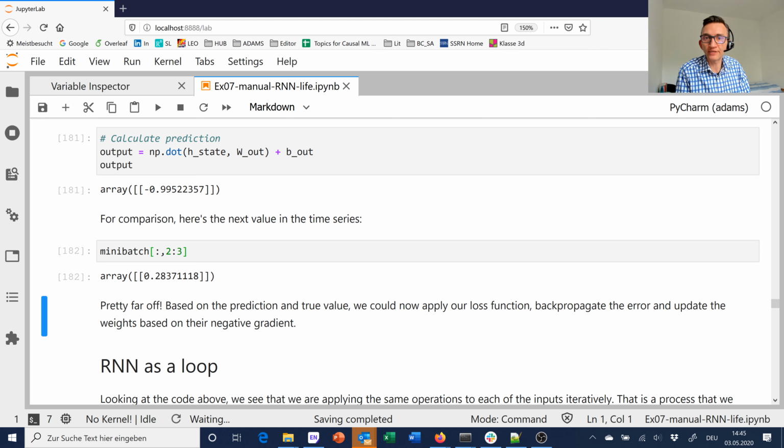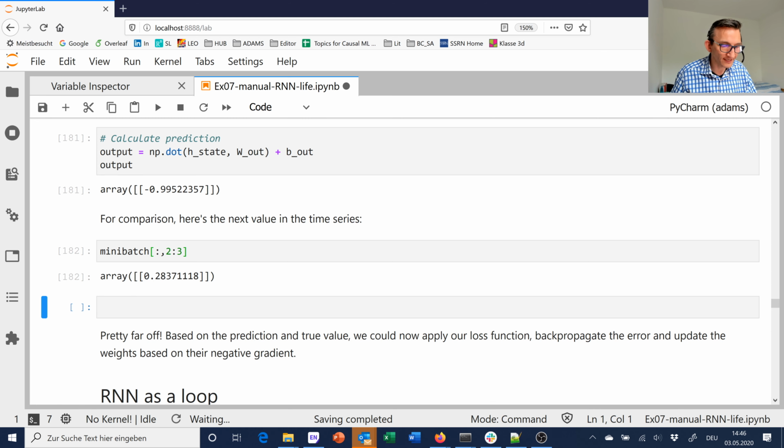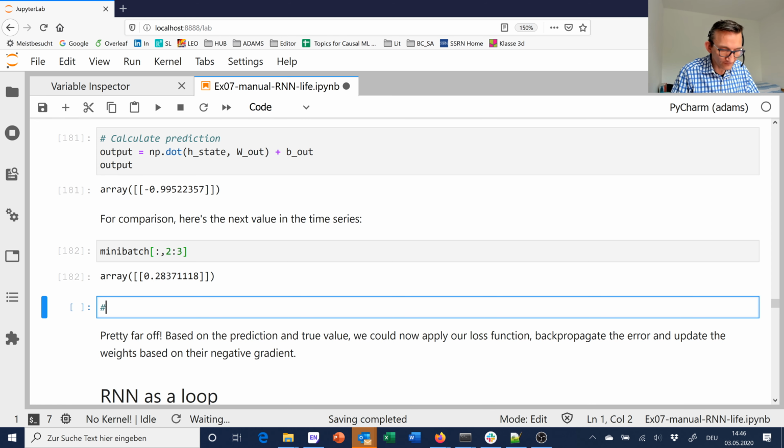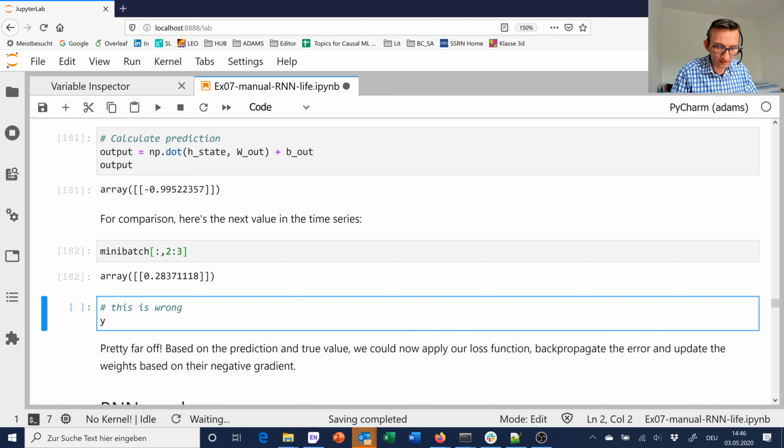If I now ask my neural network, hey, come on, give me a forecast, that forecast, by the way we set it up, is for the next sequence value, which is xt minus 20. So I need to look for xt minus 20, which I can find in my mini batch. What I could not do, and I think it's important to understand that. So this is wrong. I could not just look at y train.